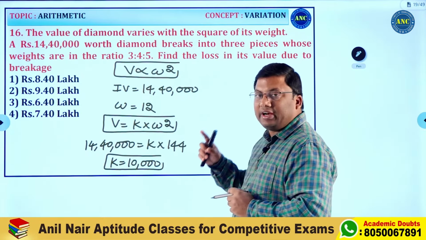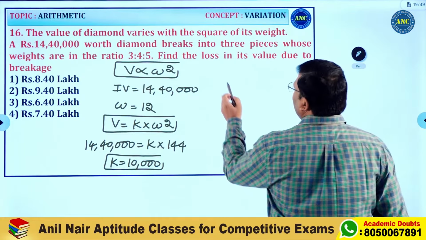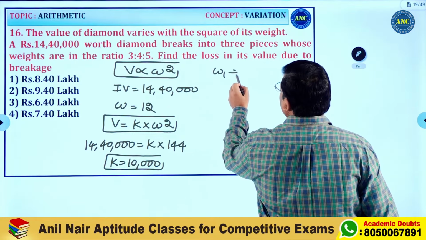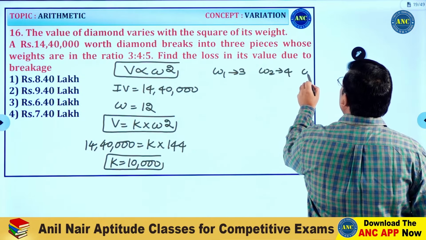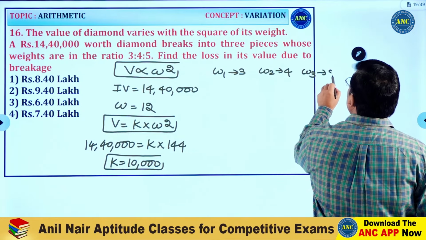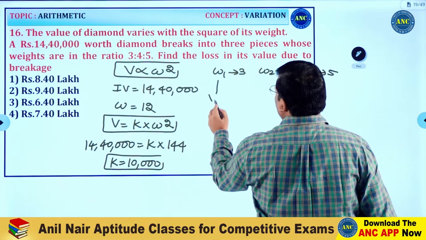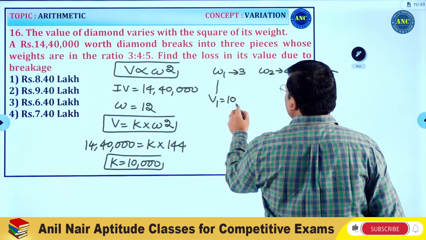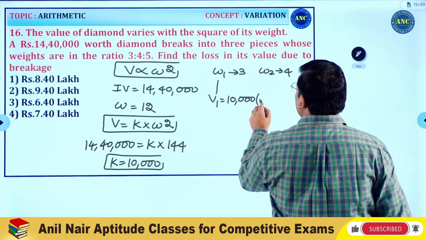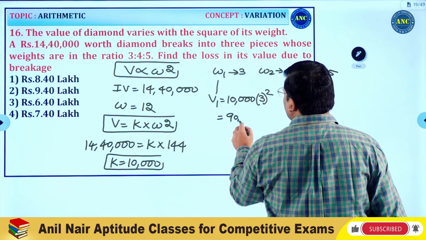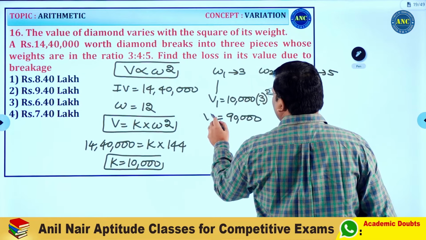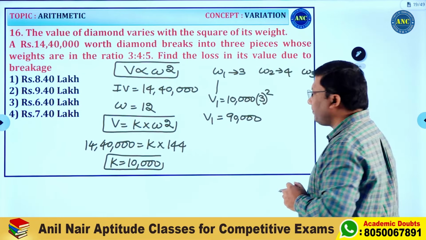It has been broken into 3 parts. W1 is 3, W2 is 4, W3 is 5. So V1 is 10,000 into W1 square, 3 square, 9 into 10,000, 90,000. V1 is 90,000.